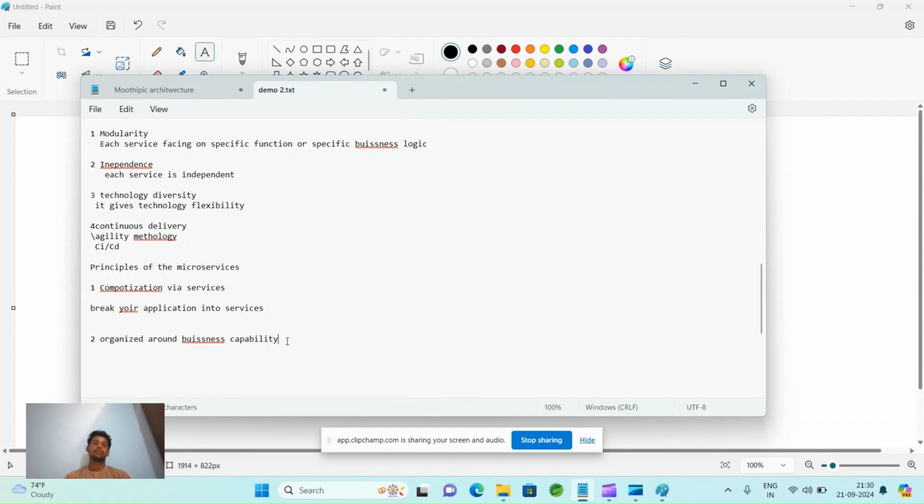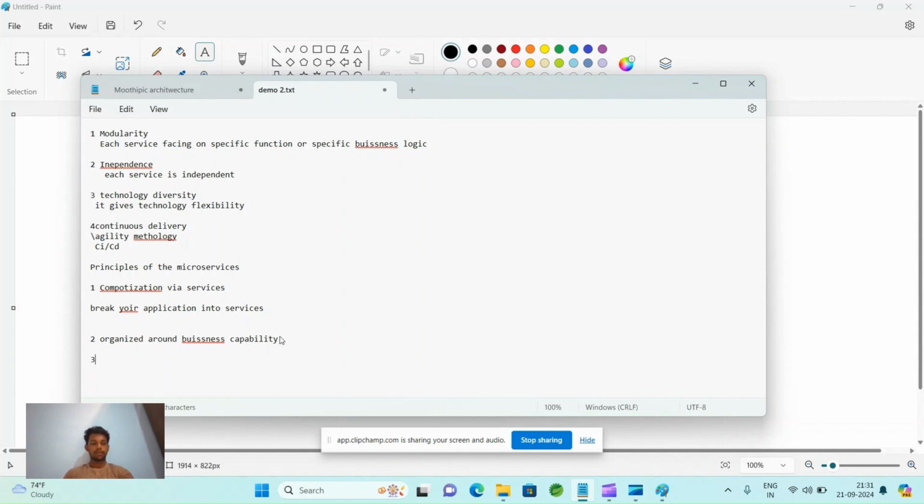Payment service is another, and the notification service, compared to the payment service or product service, is small, but you have to make it separate for better maintenance and better understanding.